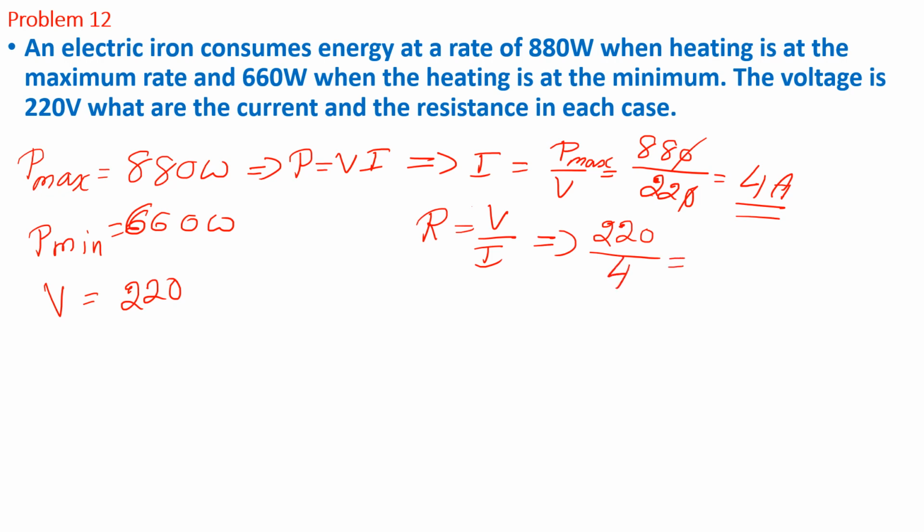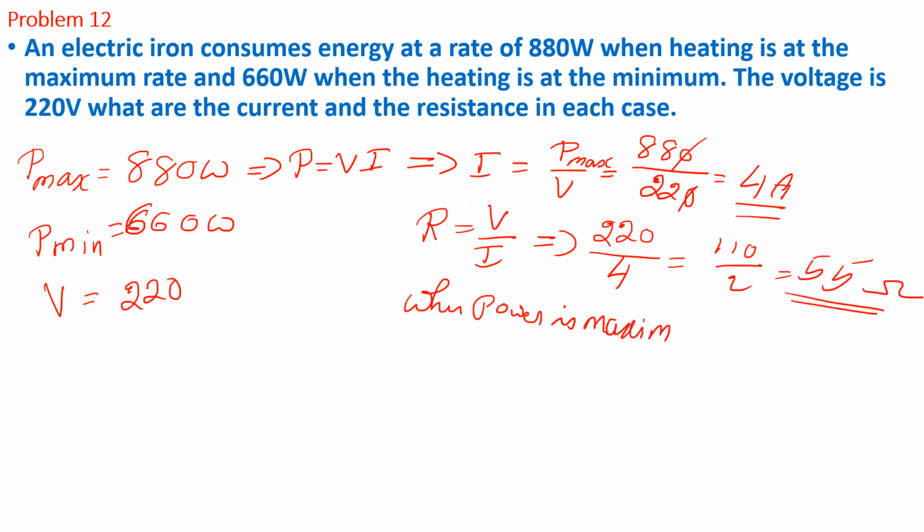So 220 by 4 is nothing but 110 by 2, which is equal to 55 ohms of resistance. That is when the power is maximum. When power or heating is maximum, resistance is equal to 55 ohms and current is equal to 4 amps.